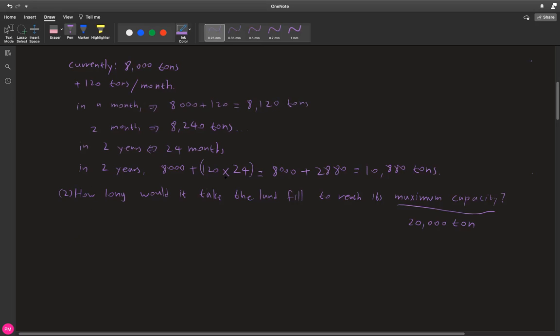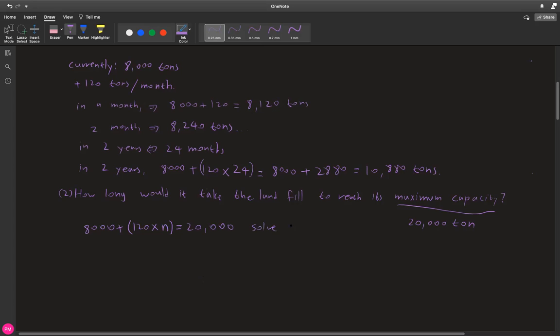We're simply using the same form of equation, but this time you have 8,000 plus 120 tons for some unknown number of months, n, and whatever that is, it is now 20,000. Does that make sense? Now all you have to do is solve for n.